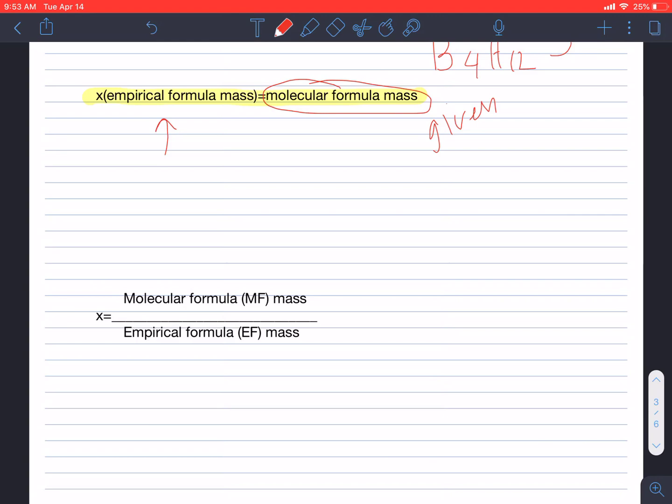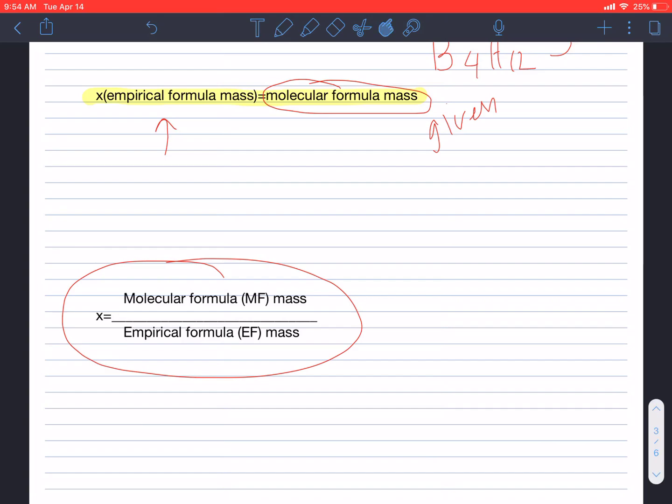And so what you're going to be solving for in these problems is some value x. If we do a little algebra and rearrange this formula to read x equals molecular formula mass divided by empirical formula mass, then we can take the data given in any problem and solve for that factor or that multiple that we would multiply by.